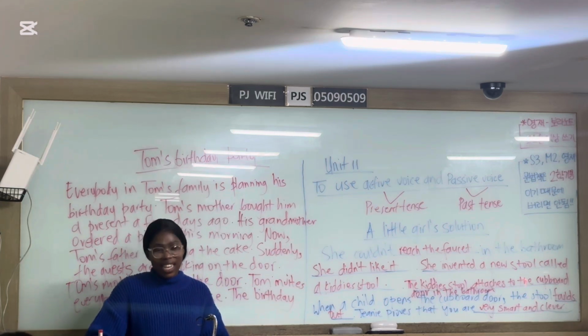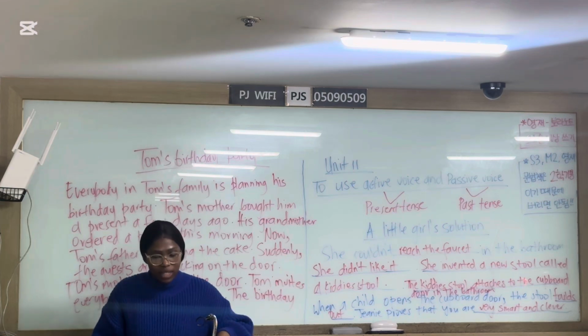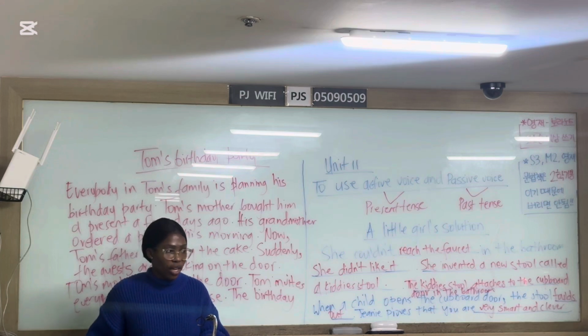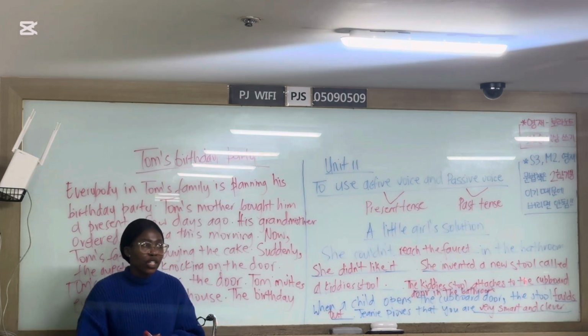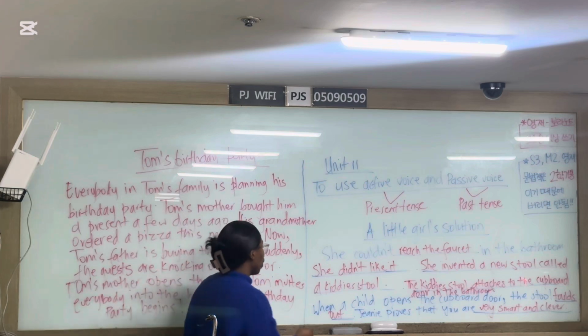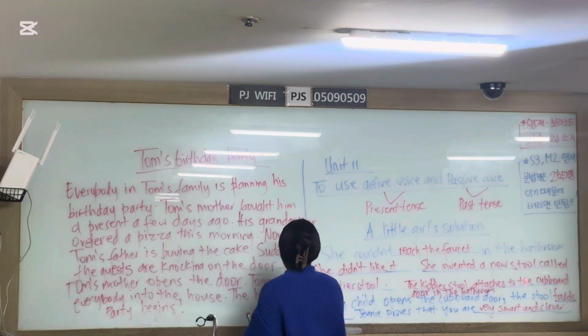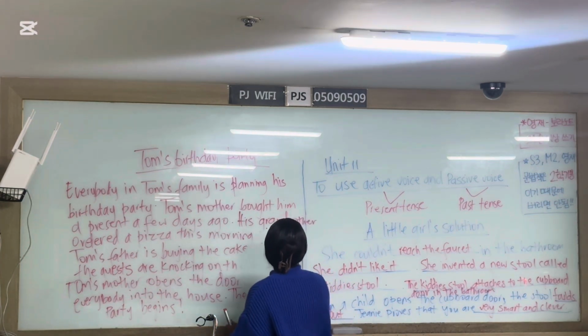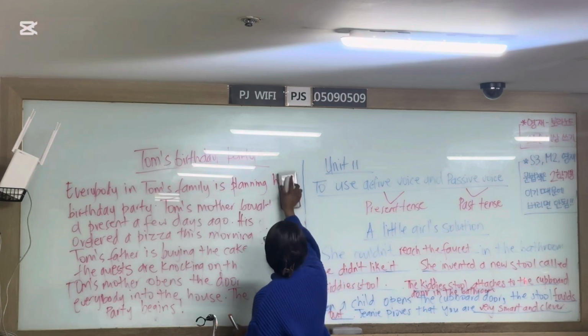Now let's go to page 73. A clever invention. We have a cluster, so fill in using the words and phrases from the word box. We have who, and we have the problem, and we have the solution. So you need to find people who have made an invention. Do you know what is an invention? Who can tell me?